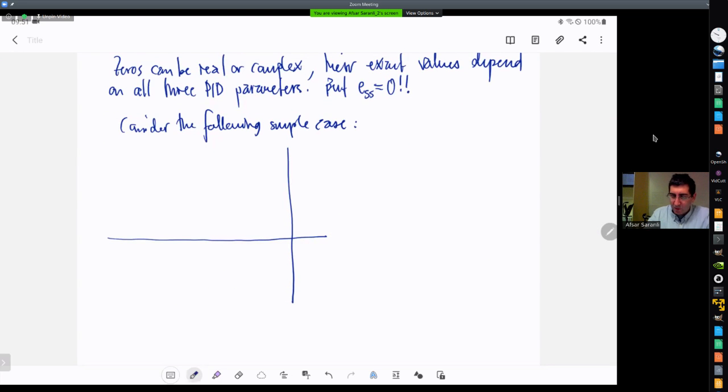Okay, so remember that I had my original system having 2 poles at -1 and -2, and the PID controller introduces another pole at 0, and I would speculate that I can put 2 of the zeros over here, minus alpha and minus beta. Okay, way left on the real axis.